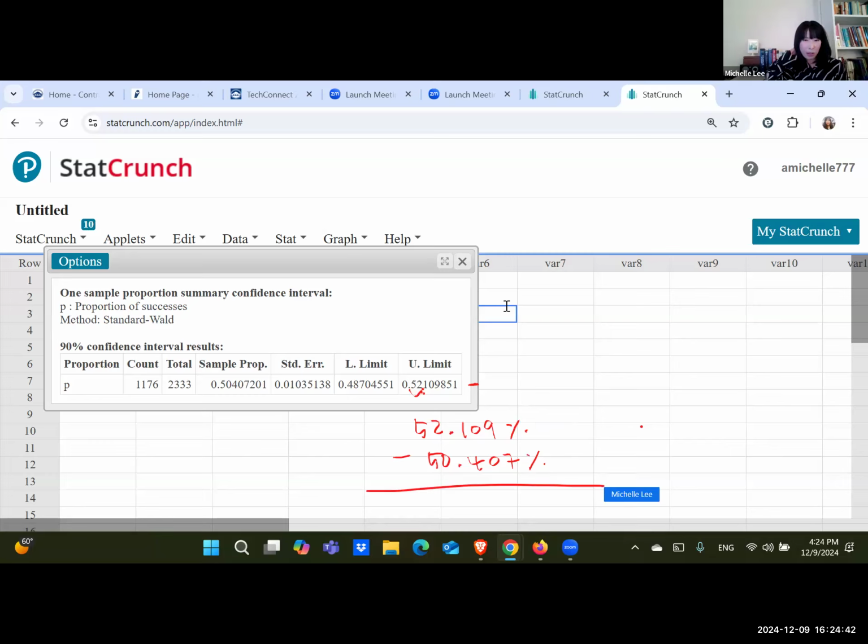That will be the margin of error. So this is p hat plus e minus p hat, so there will be e. 1.702%.